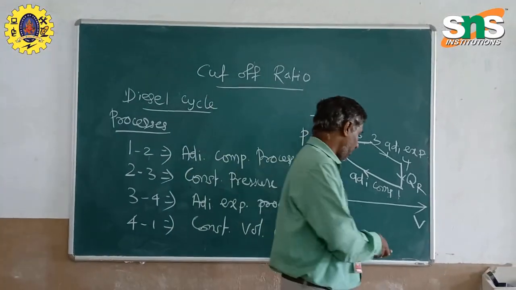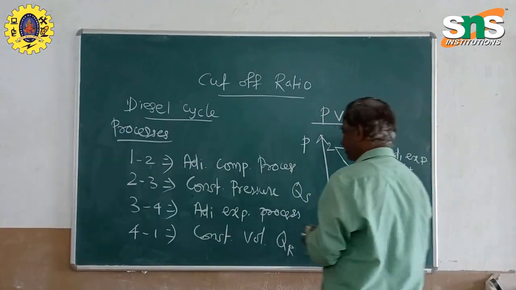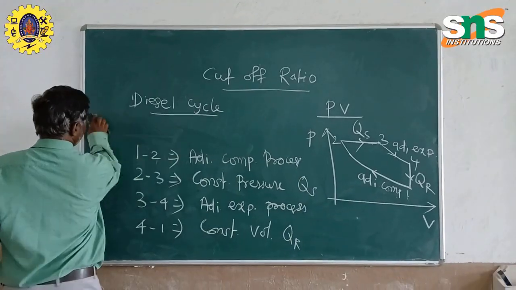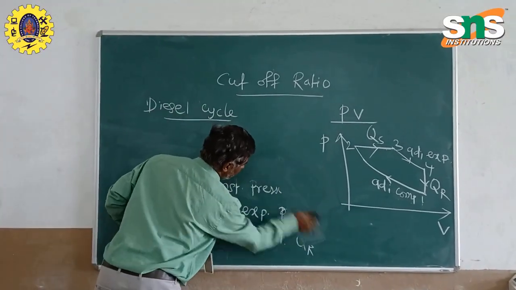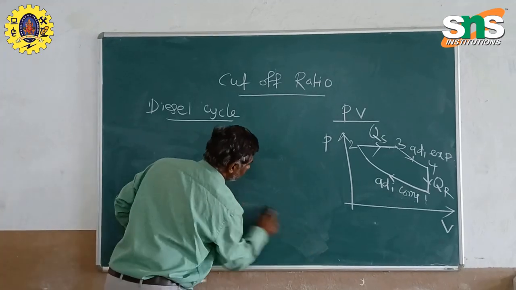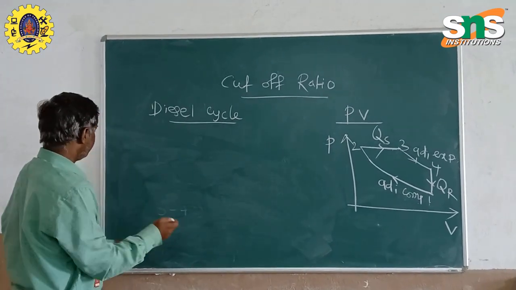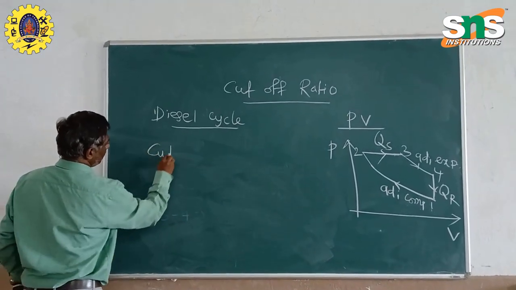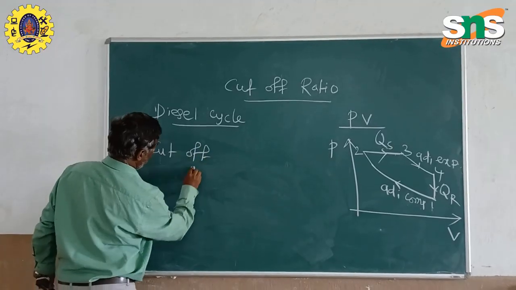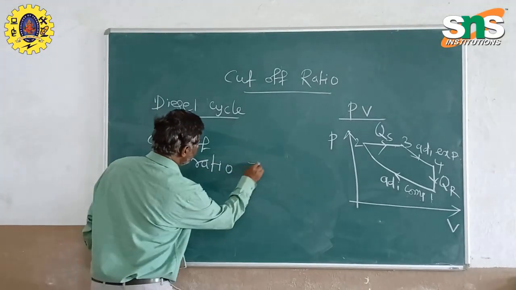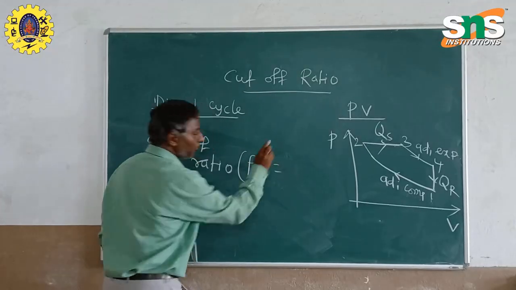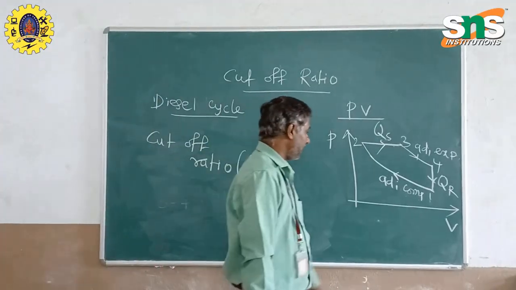Then I will come to the point. Here the topic is the cutoff ratio. What is the cutoff ratio? Generally, the cutoff ratio is represented by the letter rho.